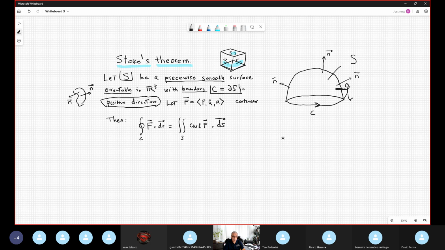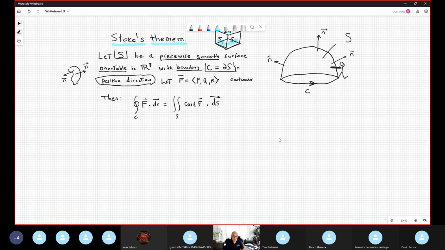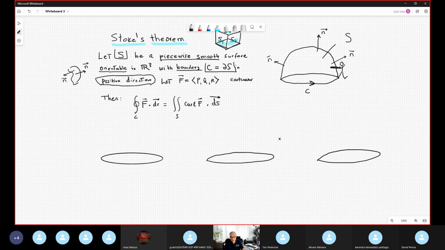Now the other important theoretical idea I want to emphasize: it doesn't matter what surface you're using. Suppose three scenarios. Suppose this is my curve C. Remember, C is the boundary of S, the boundary. That's a new concept I want to introduce.